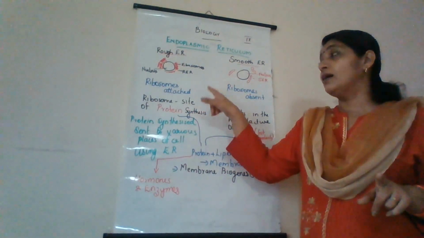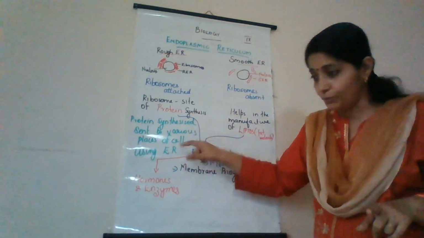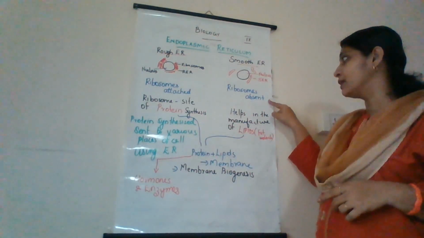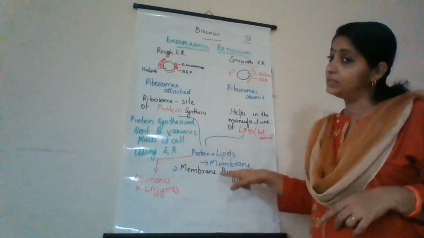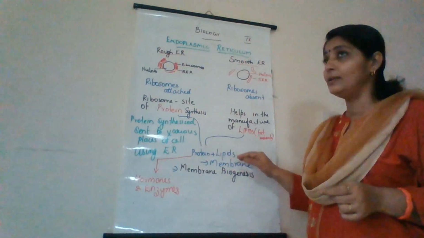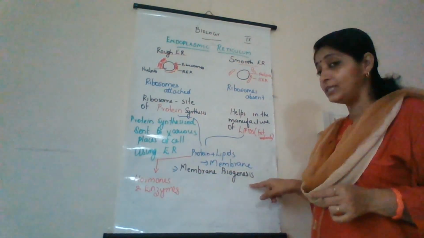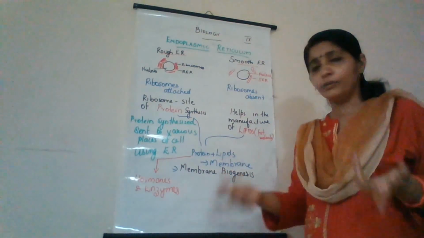Remember, rough endoplasmic reticulum, or the RER, helps in the synthesis of protein, and smooth endoplasmic reticulum helps in the manufacture of lipids. These proteins and lipids together can make membrane, and the formation of membrane by proteins and lipids is called membrane biogenesis. Another important topic, membrane biogenesis, that is the formation of membrane.